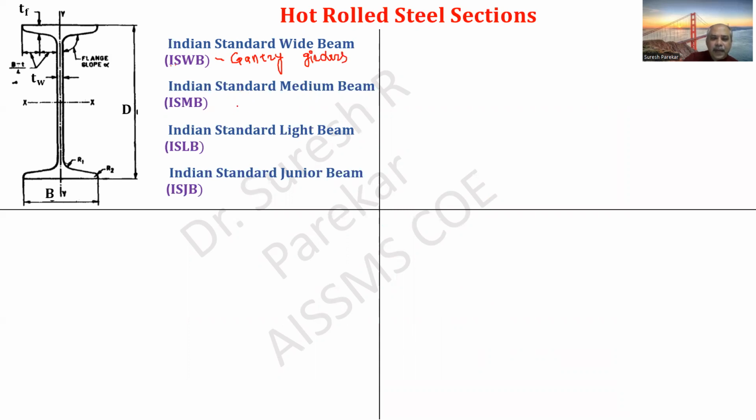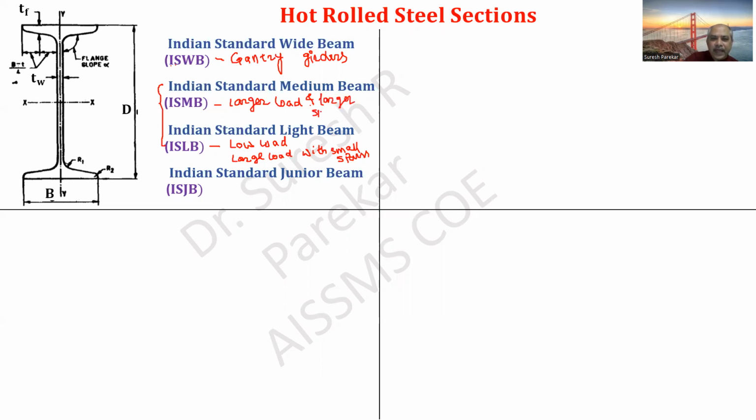Now, Indian Standard medium beam and Indian Standard light beam: these light beams are preferred for low load, or we can say large load with small spans. Then MB we generally use with larger load and larger span compared with ISLB.